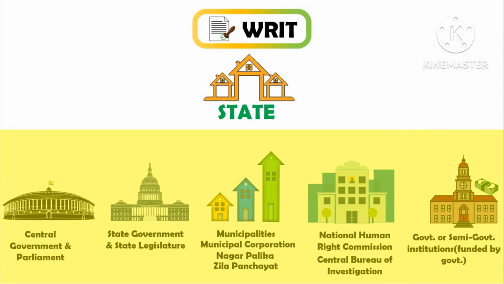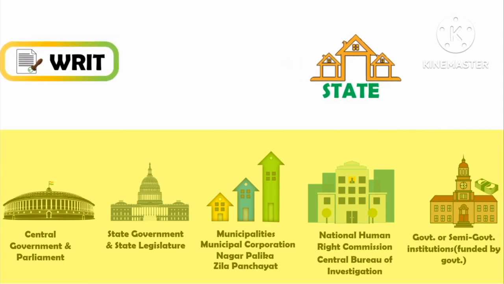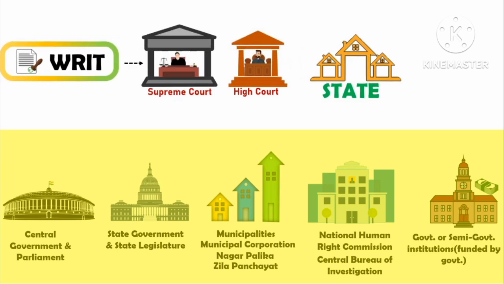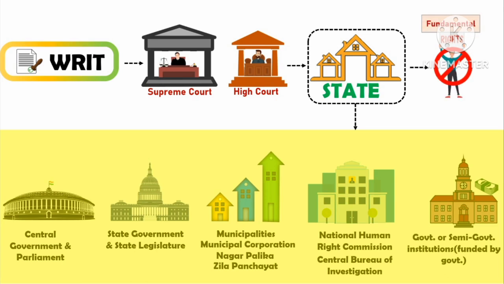So in short, a writ is a legal written order issued by the Supreme Court or High Court against the state or authority of the state for the violation of fundamental rights.